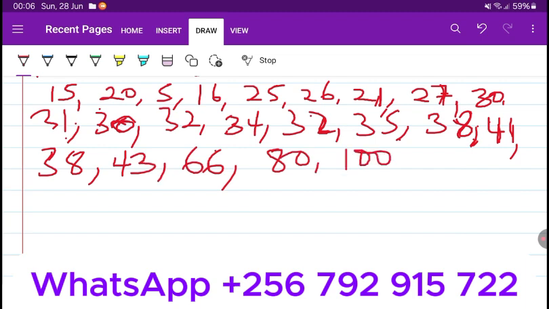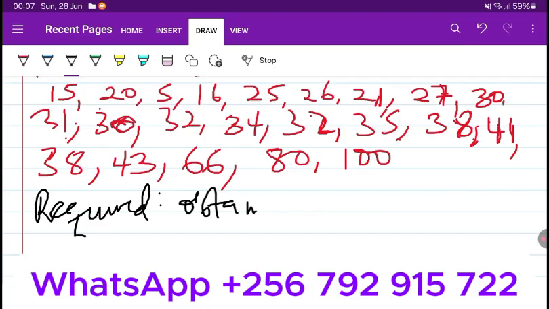Of course, now the requirement is for us to obtain both limits, the upper limits and then the lower limits.